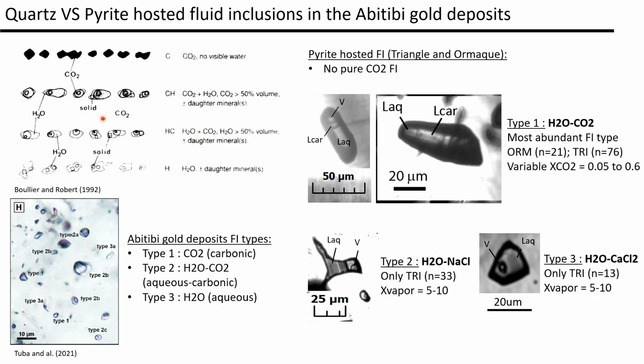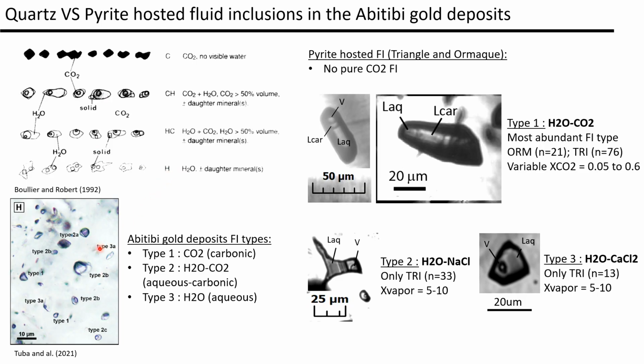Here is a study by Boullier and Robert in 1992 in the Sigma mine, and the different types of fluid inclusions that you can find in this deposit. So you can find carbonic fluid inclusions, aqueous-carbonic fluid inclusions, and aqueous fluid inclusions.